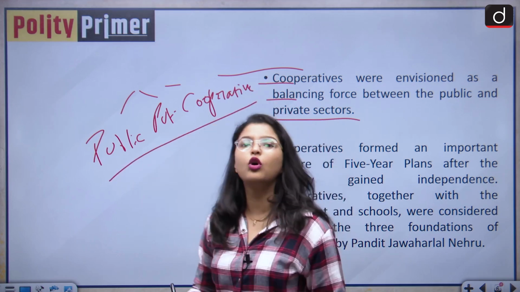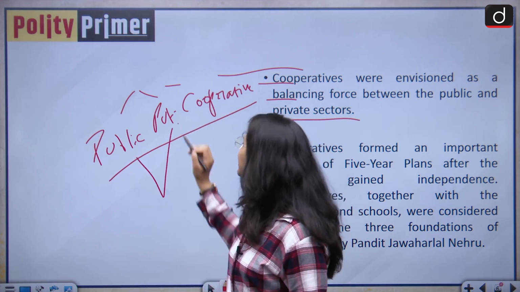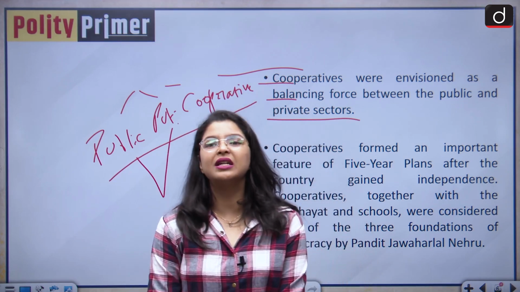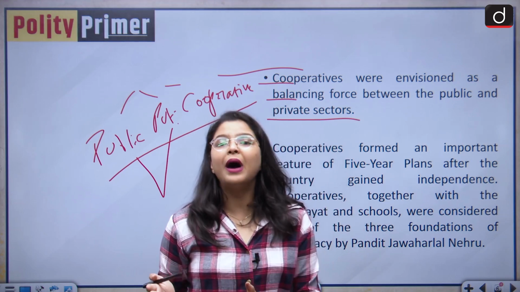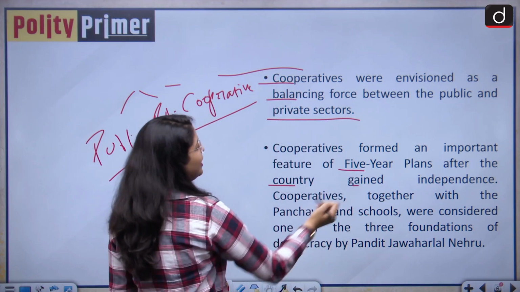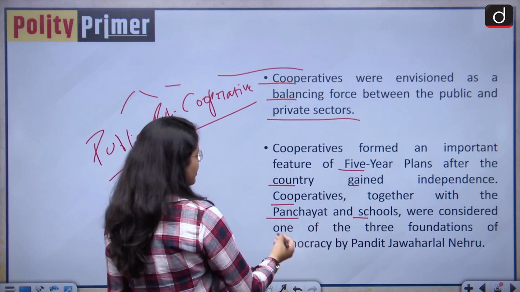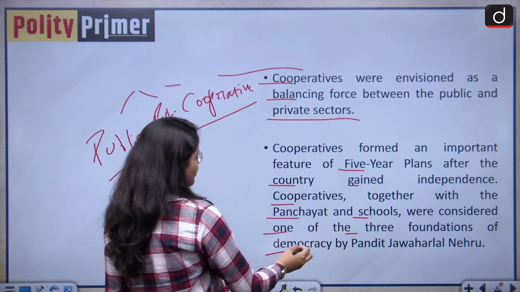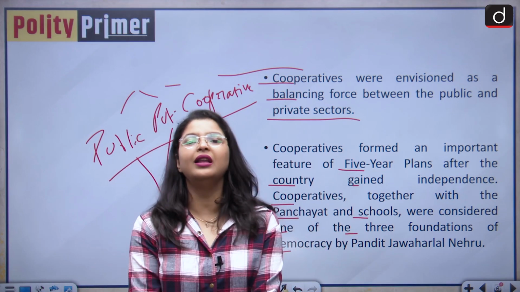So basically, this cooperative sector was to act as a balancing force between the public and the private sectors, and they formed a very huge part of the 5-year plans after the country gained independence. Cooperatives together with the panchayats and schools were considered one of the three foundations of democracy by our first Prime Minister, Pandit Jawaharlal Nehru.